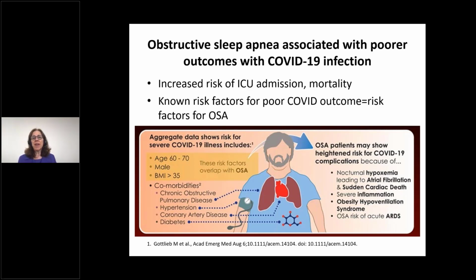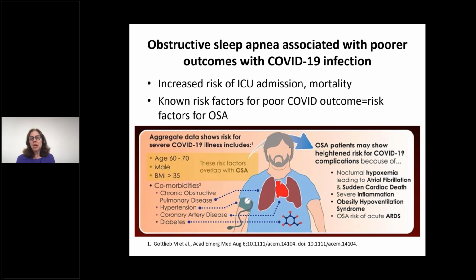And we know that the risk factors for poor COVID outcomes are exactly the same as risk factors for obstructive sleep apnea, which includes being older, being male, being obese, so BMIs over 35, and those are all high risk factors for having sleep apnea, and other comorbidities like chronic obstructive pulmonary disease, high blood pressure, coronary artery disease, and diabetes, which are also all risk factors for apnea, are risk factors for poor outcomes from COVID.